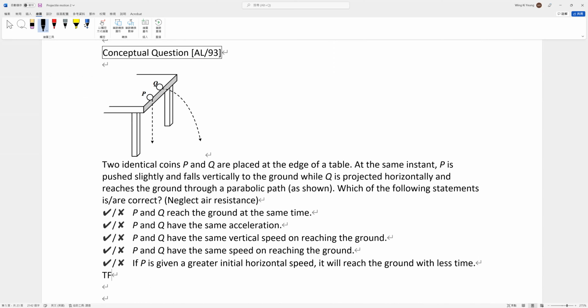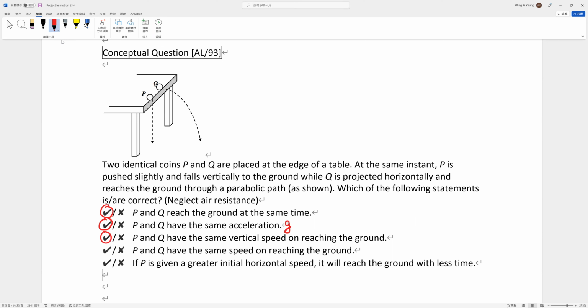The first one is true, because we said that these two objects always have the same vertical motion, and the same acceleration, that's g. Anything about vertical motion is always the same, so they will have the same vertical speed on reaching the ground.